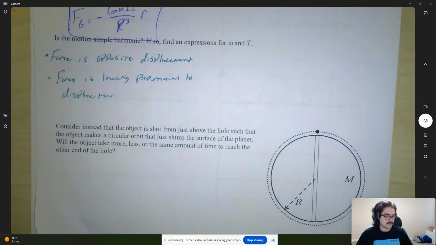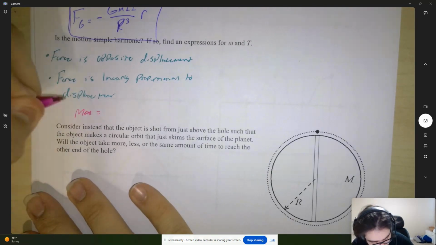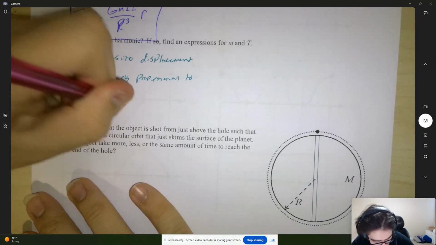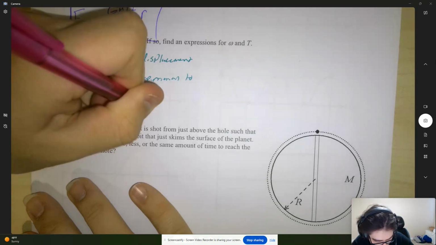So what I'm going to do to prove the simple harmonic motion, in a two-step derivation, is say ma equals negative G m M over r cubed times r.